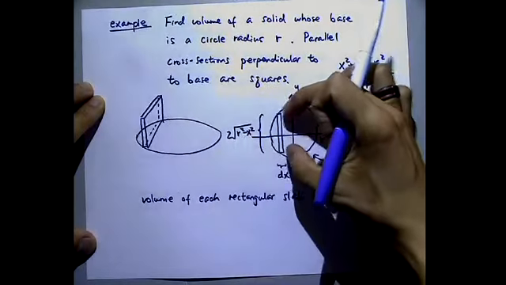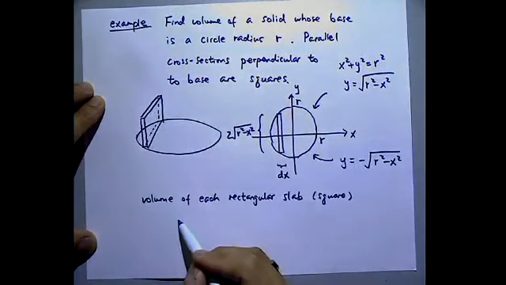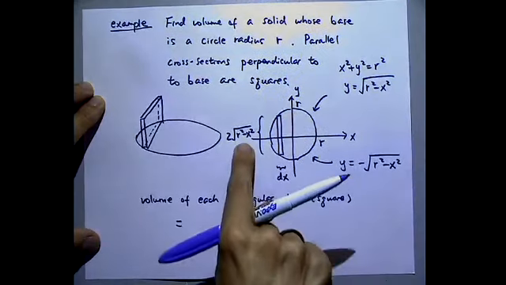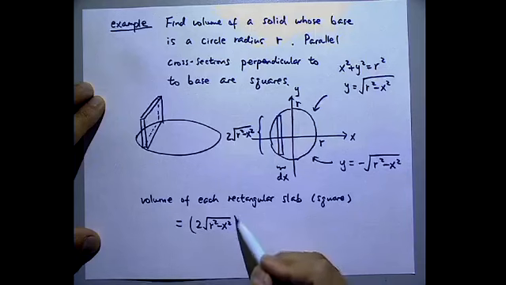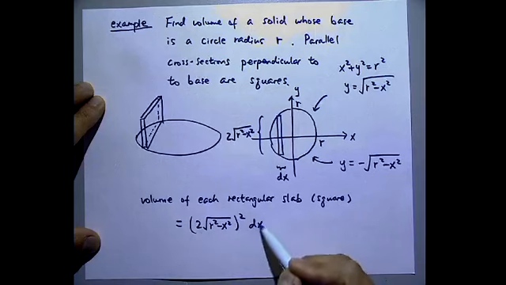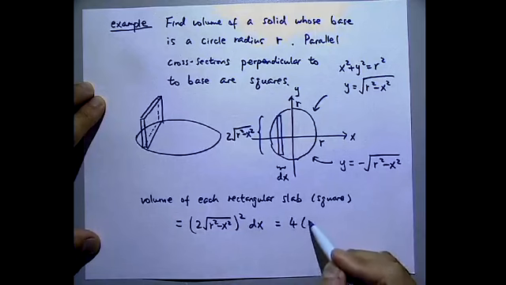So it's this wide here, also this tall. So therefore, it would be this thing squared, times dx, or 4 times r squared minus x squared dx.